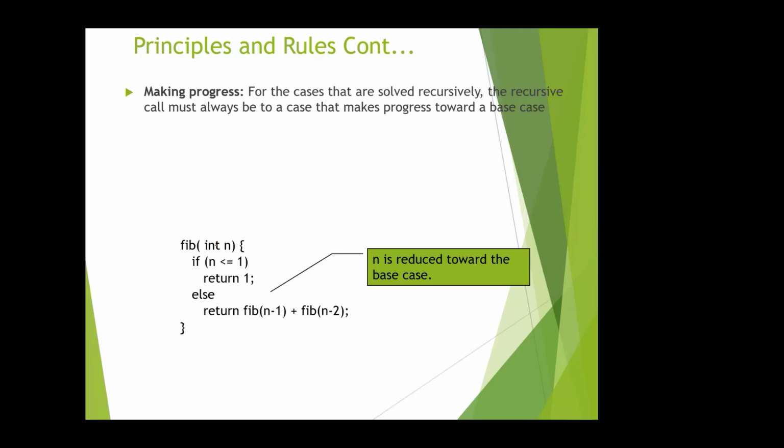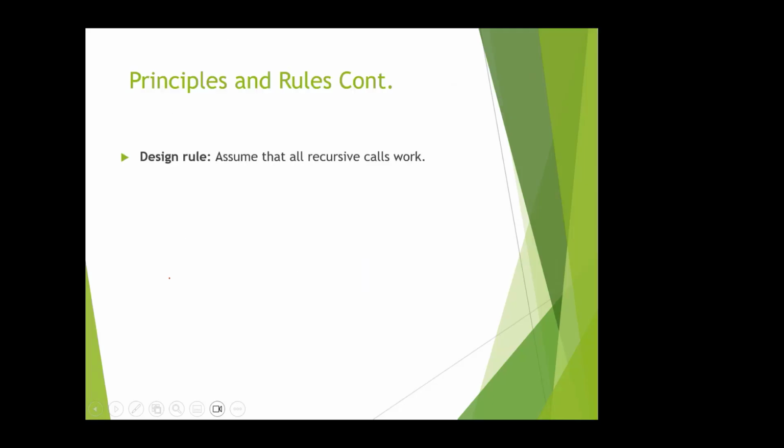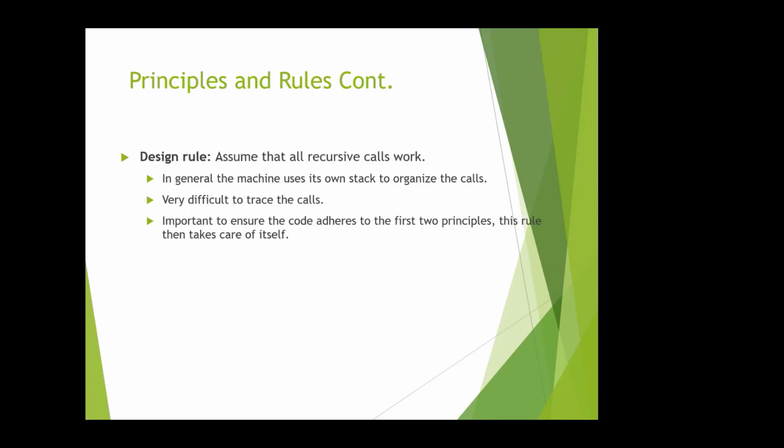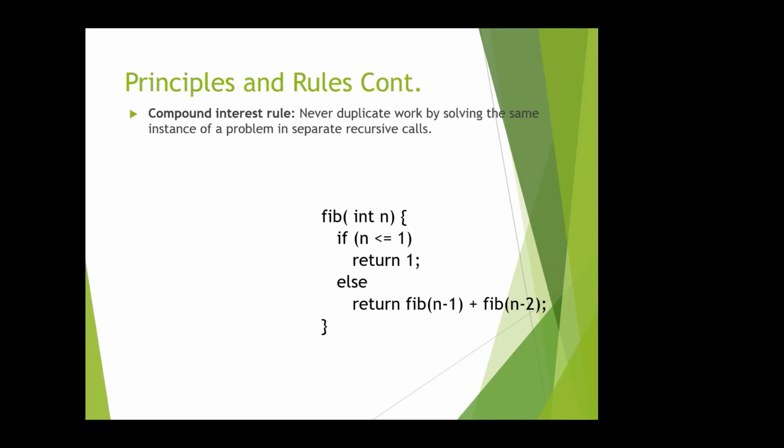It will reduce n by 1 and by 2, and it will calculate the values of these two by calling the function recursively. In general, the problem with this implementation we will come across soon.